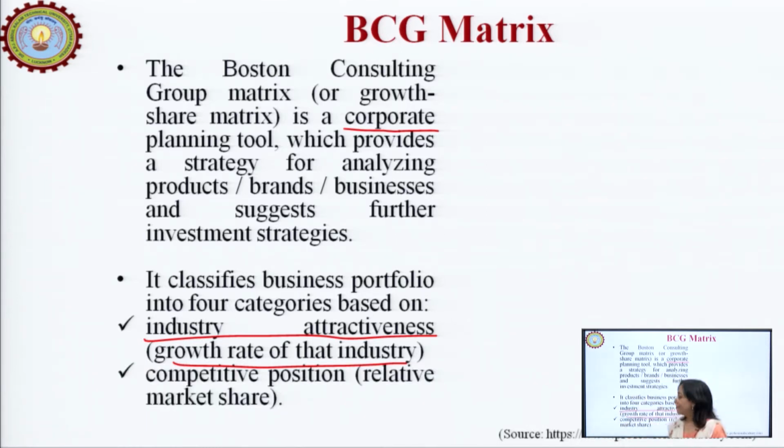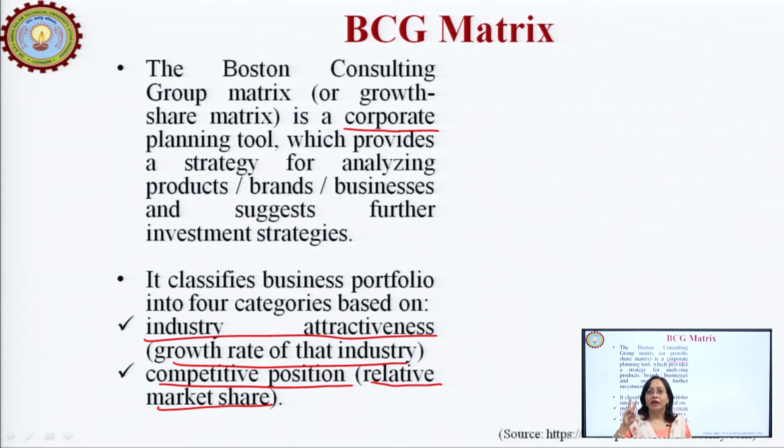And the second factor on which it will evaluate is competitive position, or the relative market share. There is a ranking on the basis of which we say this company has the greatest market share, this has the second largest market share, and so on.